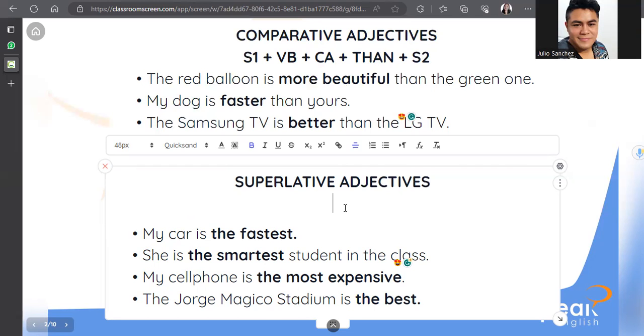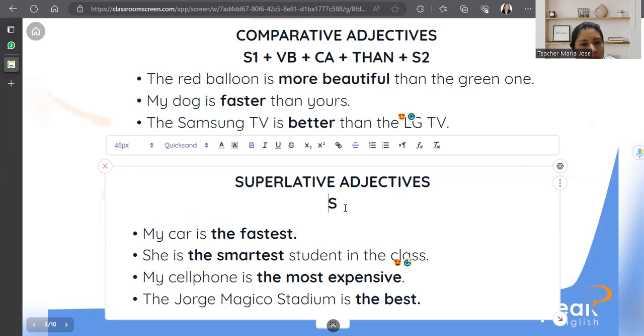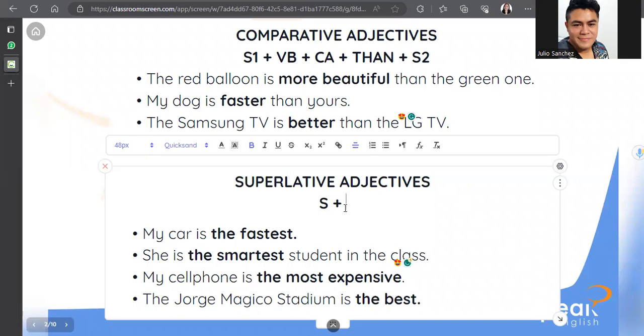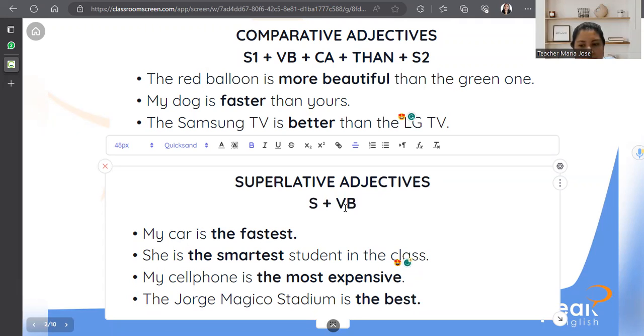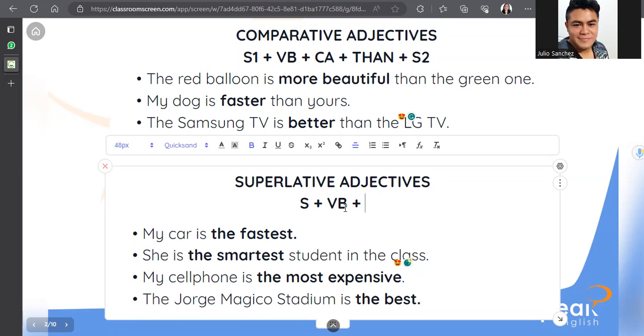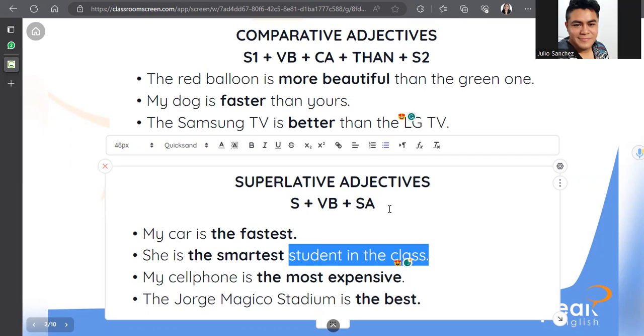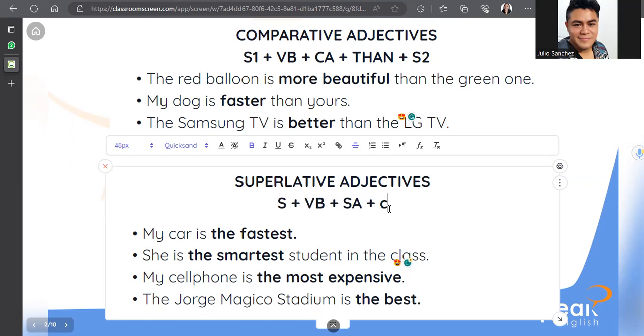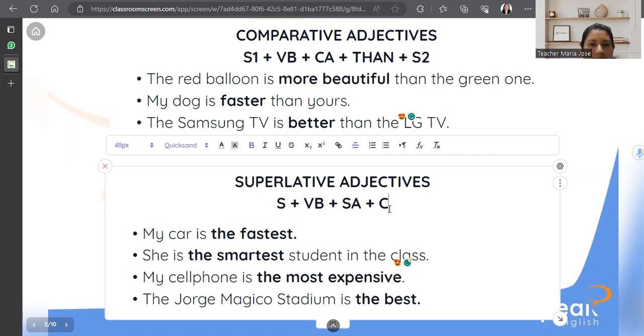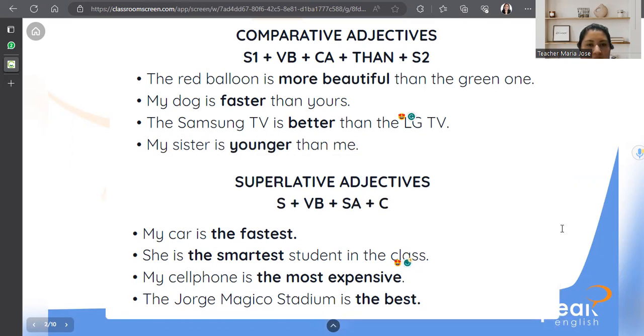Subject, plus verb to be, plus superlative adjective. Okay, plus complement sometimes. Very good. Excellent. You got it. Let's continue.